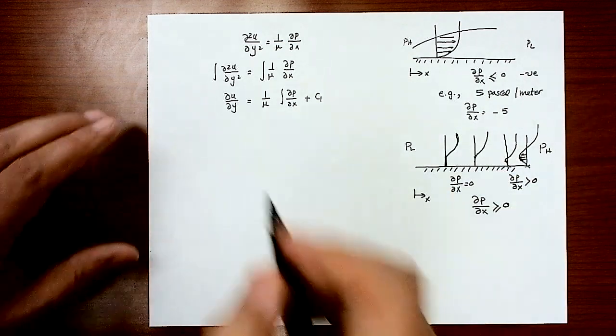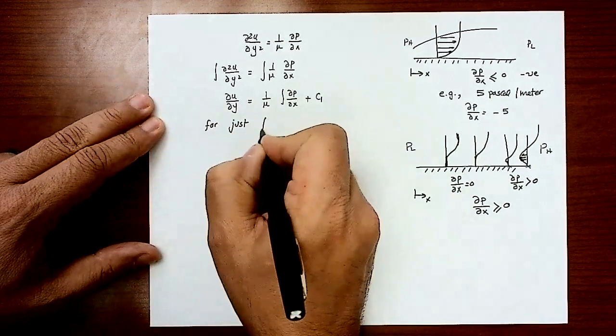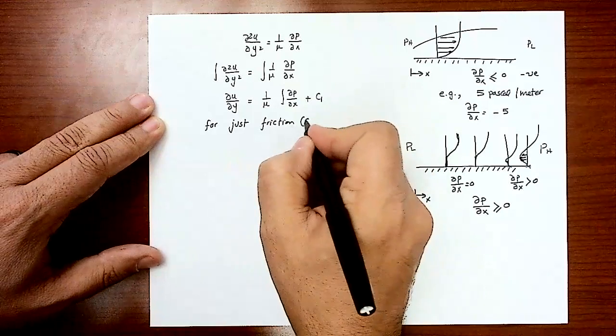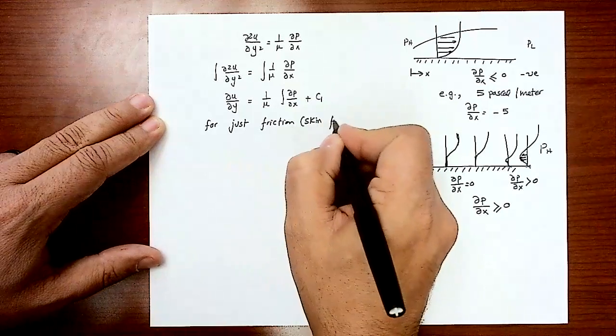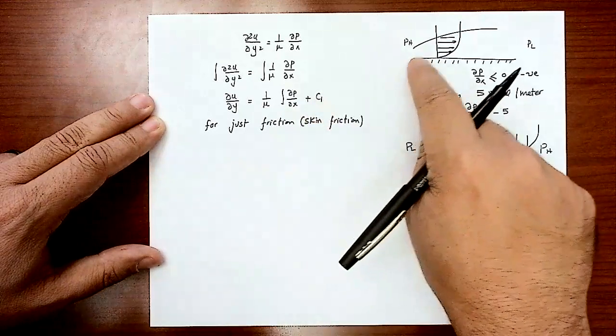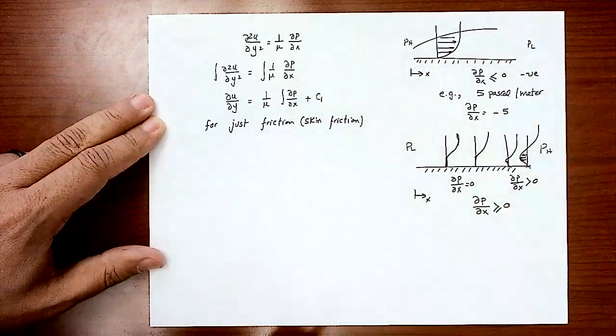If we just consider friction, and we call that the skin friction, we can assume that the pressure loss is consistent along the surface of that solid surface.